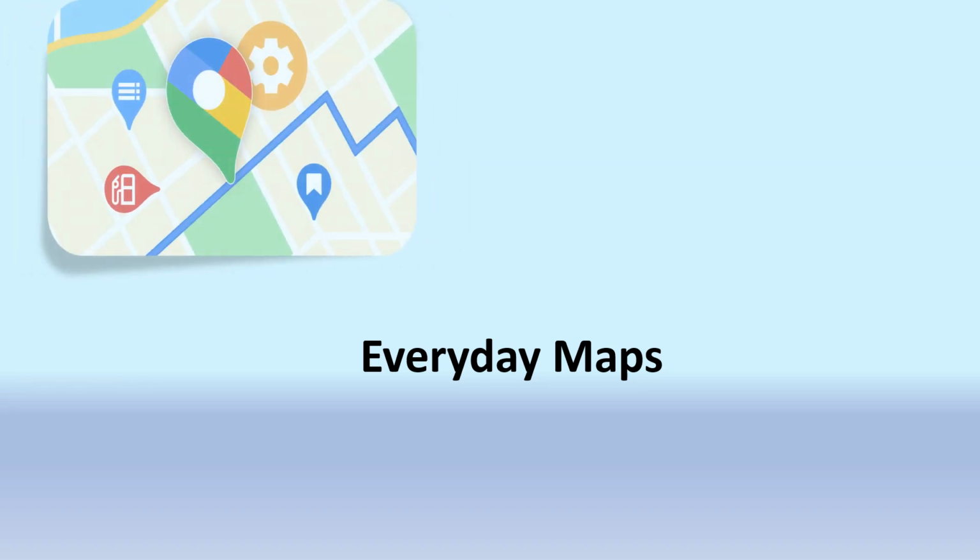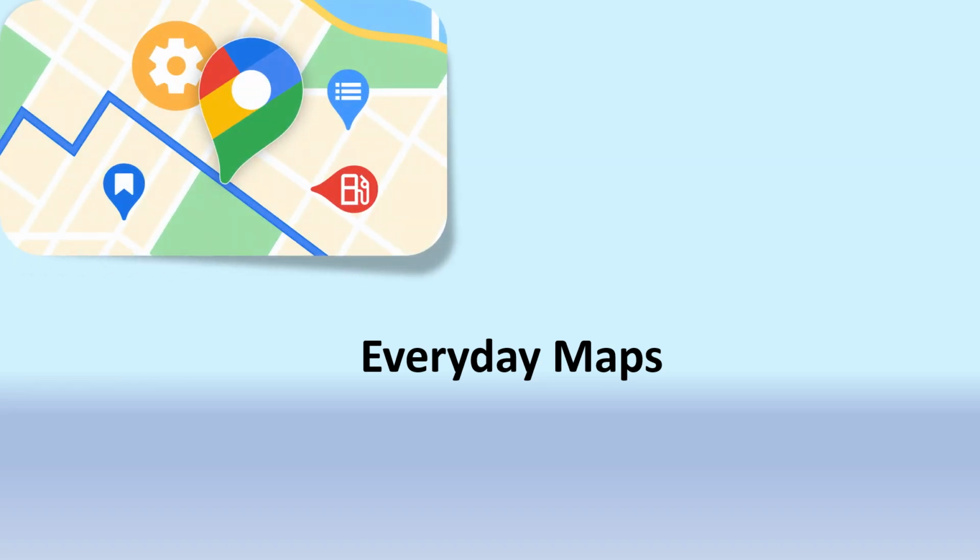To something that we can all relate to, everyday maps, right? So we talk about our Google Maps, right? On your smartphone, you've probably used it before, right? This is our Google Maps, right? Helping us to get to wherever we need to get to or want to get to.